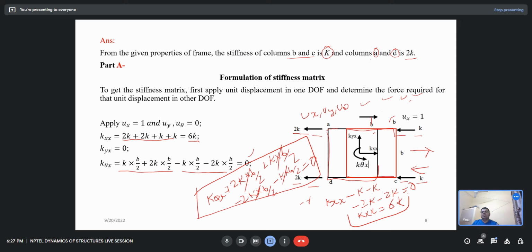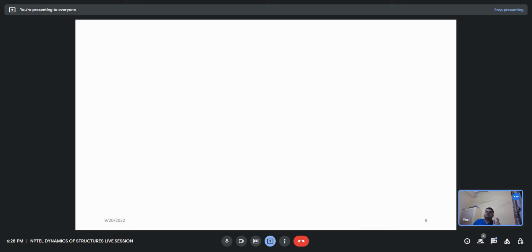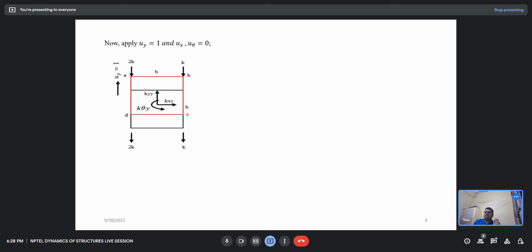Now apply the unit displacement in the y direction, uy. So if you apply unit displacement, uy is equal to 1, and the other displacements ux and u theta would be 0. So what will be my free body diagram? That is this way, the reverse kind of. So for kyy, the summation of Fy is equal to 0.